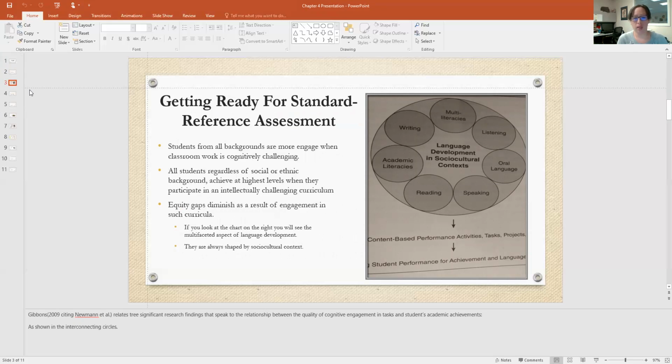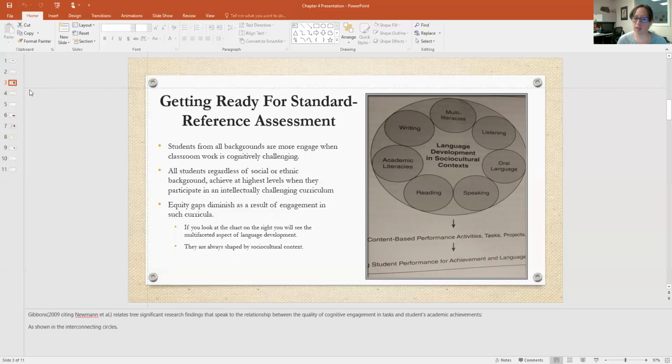This next slide is going to talk to us about getting ready for standards and reference assessments. Students from all backgrounds are more engaged when classroom work is cognitively challenging. Take time and reflect. What does this mean to you?